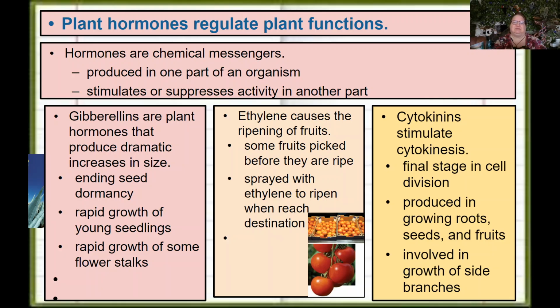Cytokinins are another hormone, and just as the name implies, it stimulates cytokinesis. Now, I bet you need a quick review about that. Cytokinesis was the last stage in cell division where you had the cell that had divided its nucleus, and then the cytoplasm has to break apart. And so it's going to stimulate that cell division, so you get more cells with cytokinins.